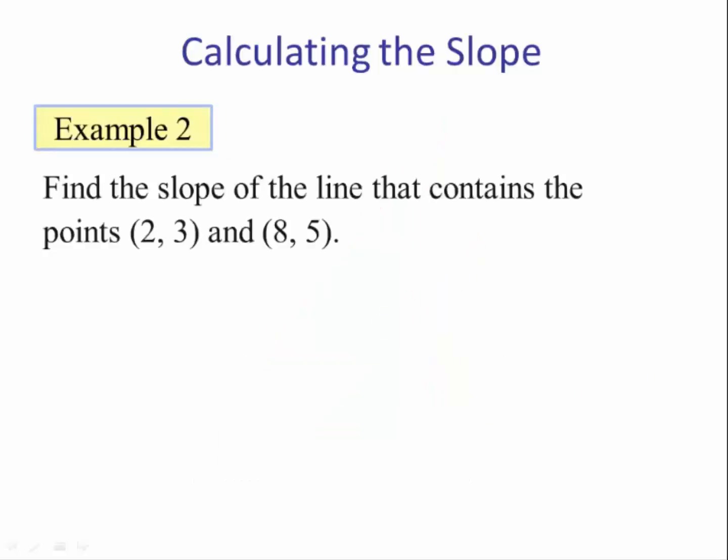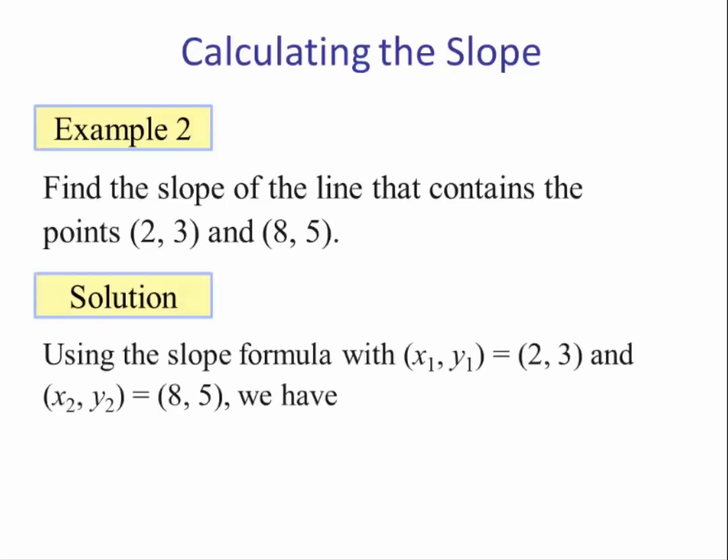Let's do an example. Find the slope of the line that contains the points (2, 3) and (8, 5). So we're given 2 points, so we're going to use our formula. We're going to let (x1, y1) be (2, 3), and (x2, y2) be (8, 5). So this is our first point, this is our second point.